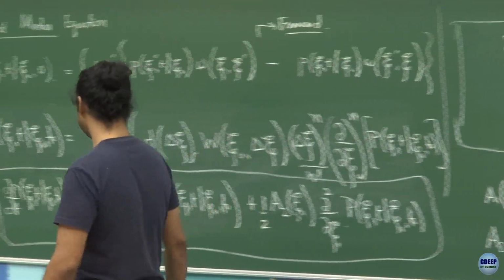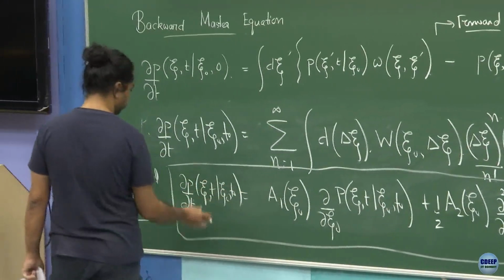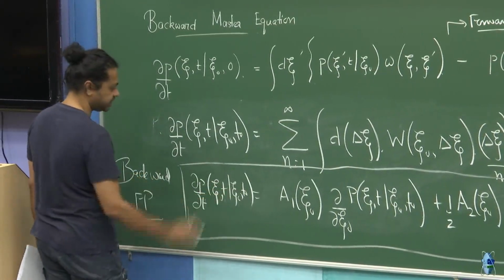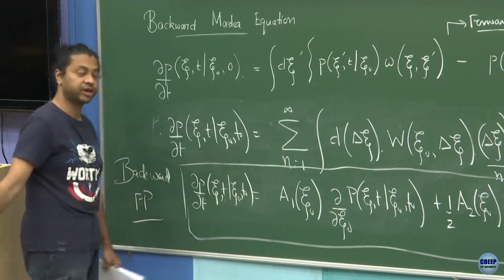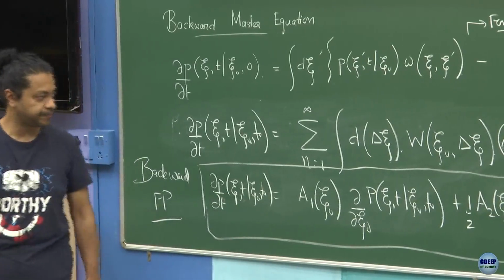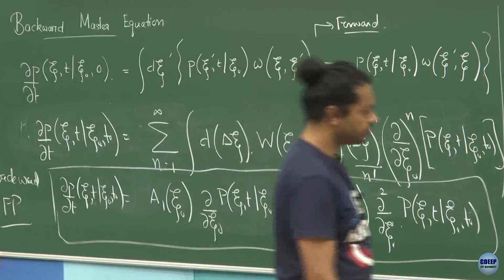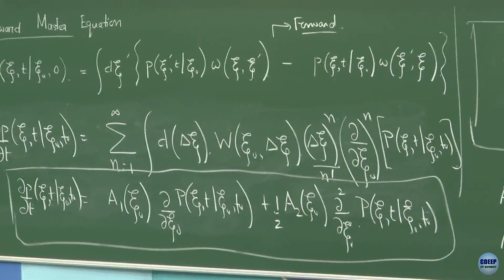But at least hopefully you appreciate that in the forward equations, we are doing things with respect to the final state. In the backward equations, we are doing things with respect to the initial state ξ₀, the first step out of this. All right, so this was my backward master equation.